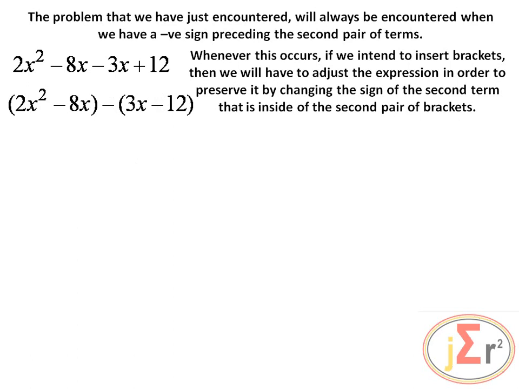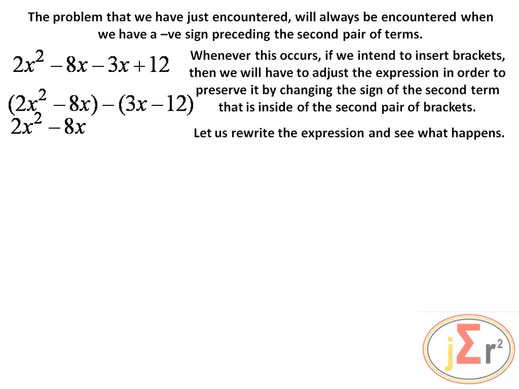And if we do our expansion again, we will realize that we have a negative 3x as usual, and that negative times negative is positive, which is really making a big thing out of nothing at all, because we shouldn't really be including brackets.